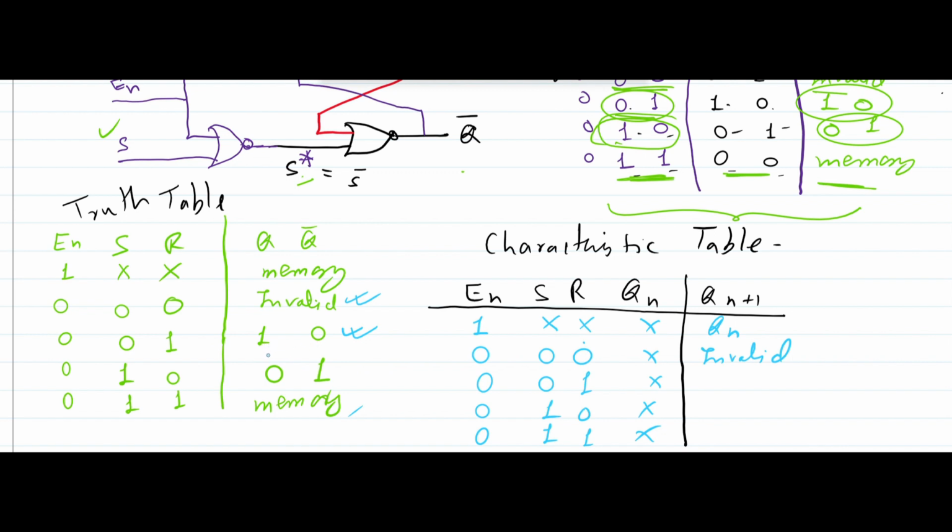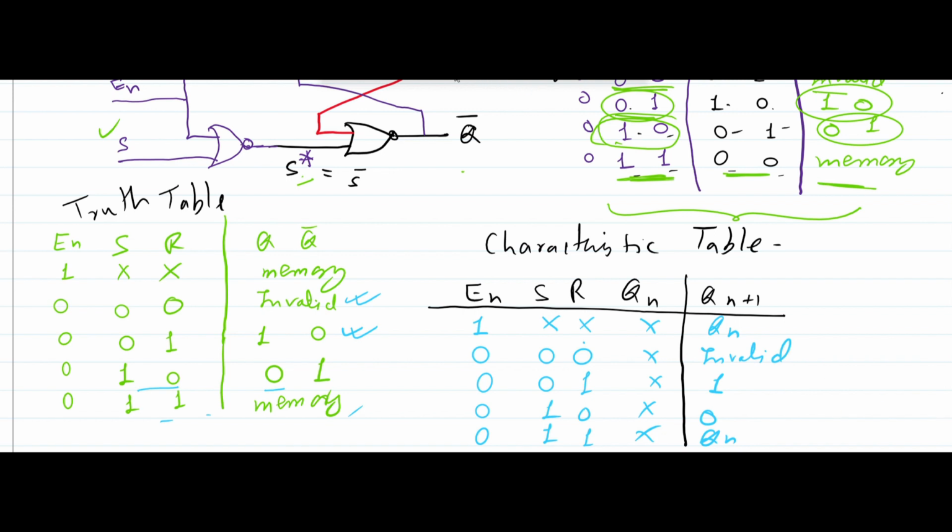So Qn plus 1 is 1. And if SR is 1 0, I am getting Q as 0, so Qn plus 1 means 0, and at 1 1 it is memory only, memory means Qn. So this is the characteristic table.